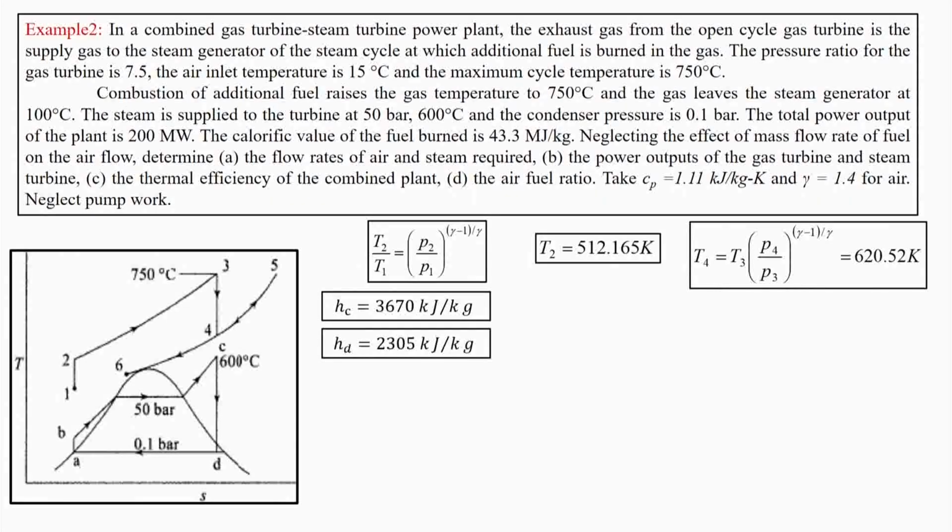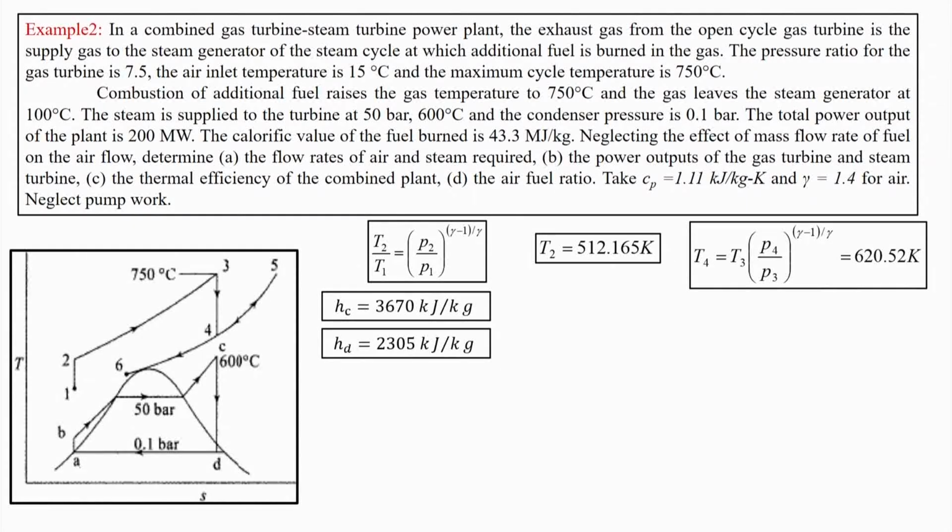Then we find Hd, since Sc is equal to Sd: entropy at C is equal to entropy at D, and entropy at C can be found from the steam table at 50 bar and 600 degrees Celsius. Then we go to the lower pressure, which is the 0.1 bar condenser pressure.